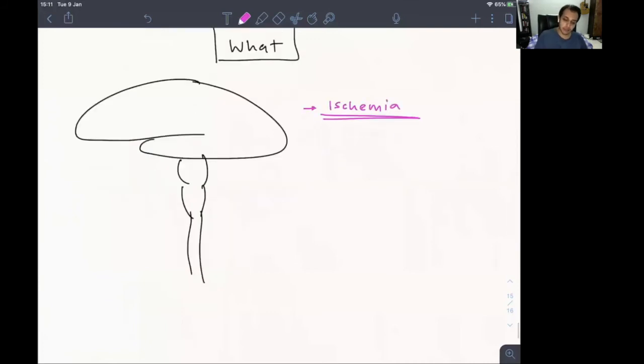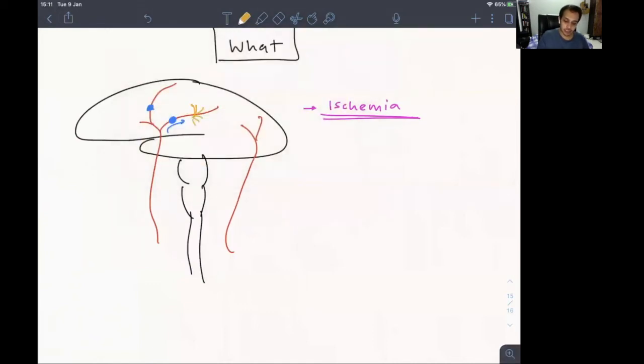And the reason for this could be that in your blood vessel, there is either a blockage, so that means that there is a clot which is preventing the blood from flowing onwards, or there is a leak.